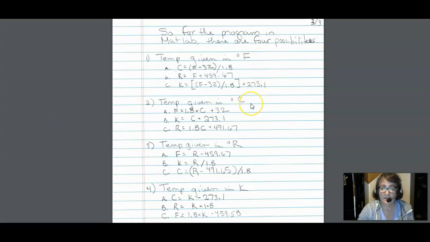First thing is you ask what is the scale that you're using, and you would input F, C, R, or K. Then if it's F, you would use these three formulas to calculate how many degrees that is on the Celsius scale, on the Rankine scale, the Kelvin scale. If you're given a temperature in degrees C, here are the formulas that you use to change it to the Fahrenheit, Kelvin, and Rankine scales. And similarly down here, if you're given Rankine, given Kelvin, that's how you convert to the other scales.